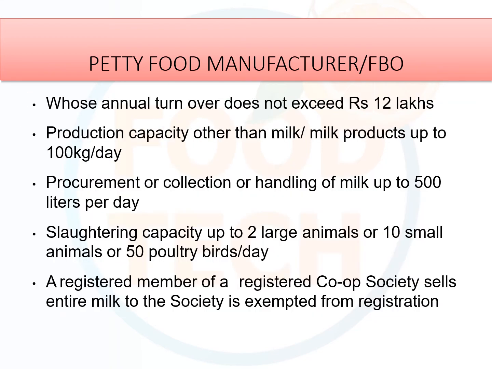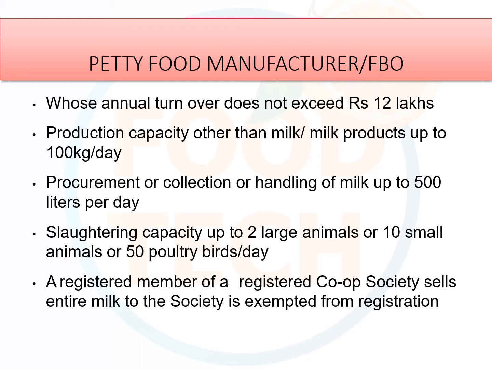Technically speaking, for a petty food business manufacturer the turnover must not exceed 12 lakhs, and the production capacity, if it deals with other than milk and milk products, should be 100 kg per day. If it is related to milk, the collection and handling of milk should be up to 500 liters per day.